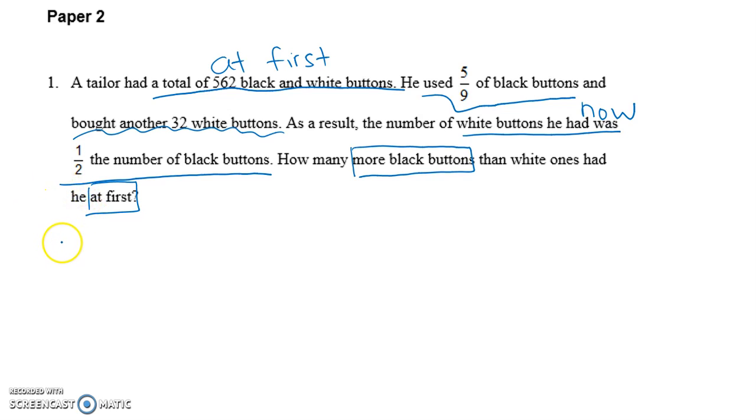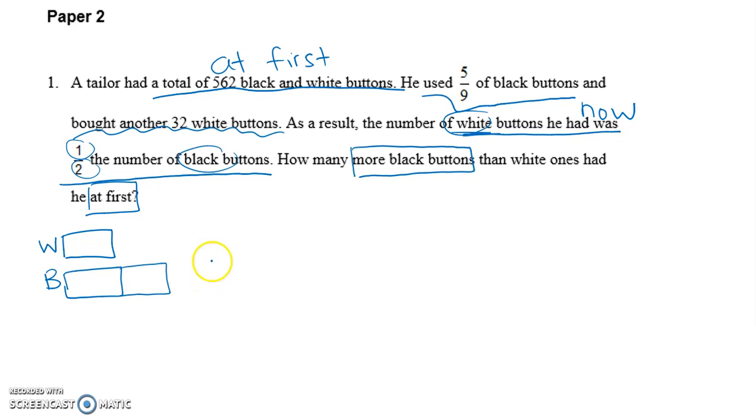Okay, what we are going to do is work backwards for this, right? So what we know now is that for white buttons, he has 1 unit. White is here, right? So 1 unit. And for the black, it's 2 units. 1, 2. Correct? Okay, so this information is done.